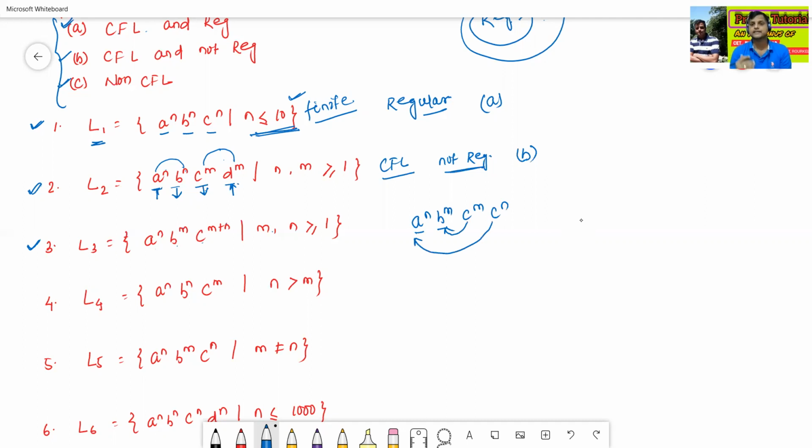That means this language is context-free but not regular. So it is option B.